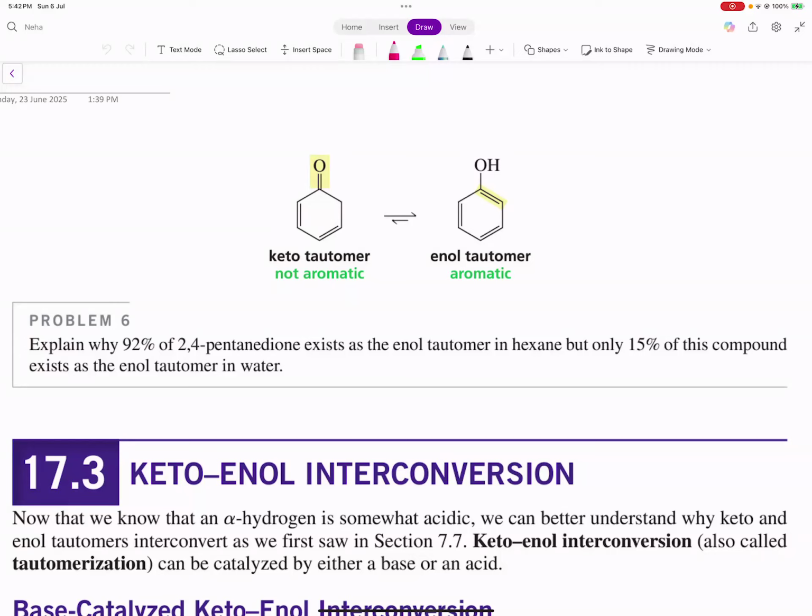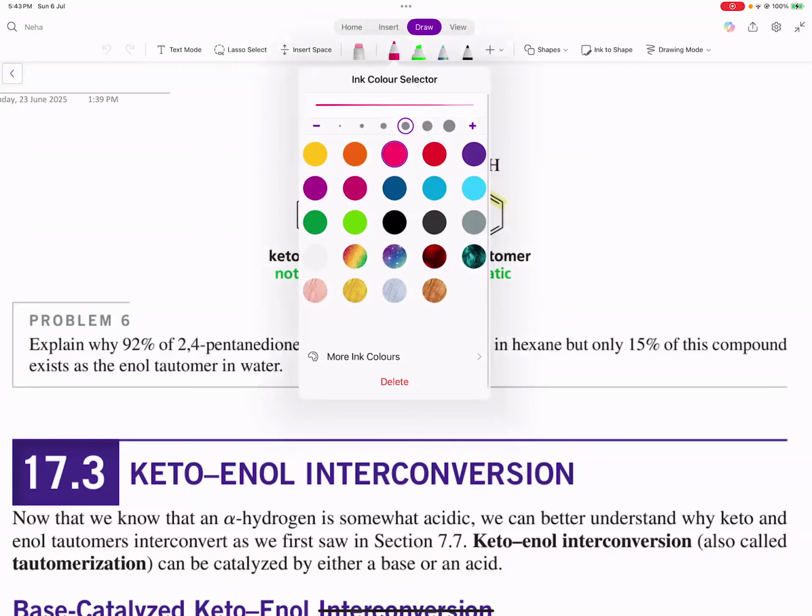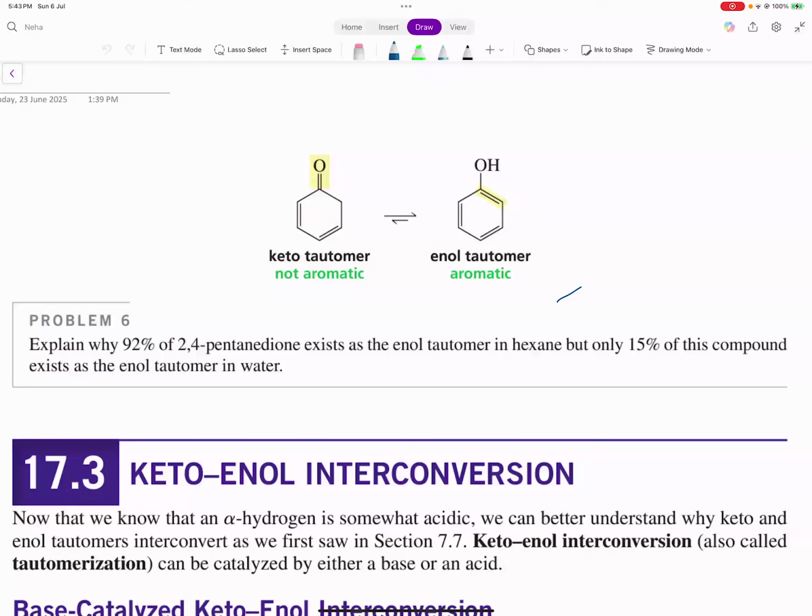See, what is happening is that in the water, with 2,4-pentanedione, let's draw it in blue.